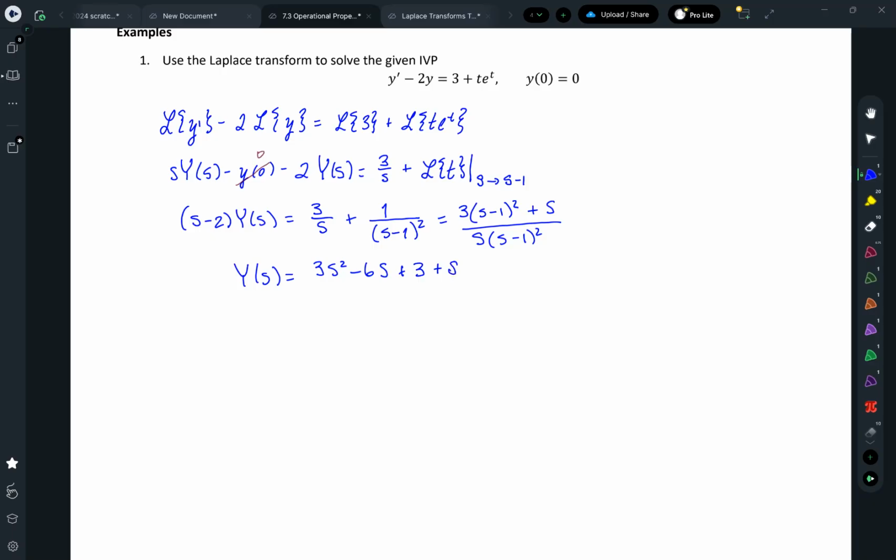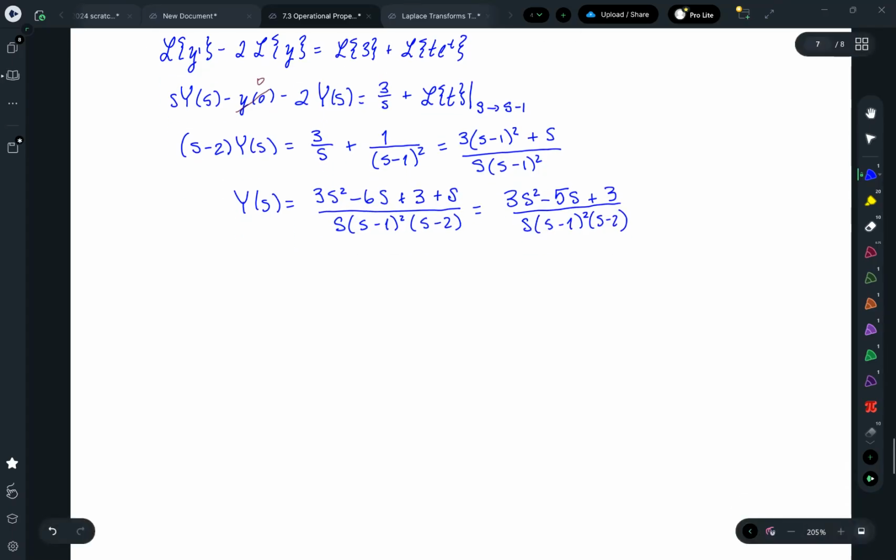And then I have a plus s all over s times s minus 1 all squared times the s minus 2. And this finally simplifies fully to be 3s squared minus 5s, write your 5's and your s very distinctly, plus 3 all over s times s minus 1 squared times s minus 2. Okay, so that's written as simply as I can possibly write it.